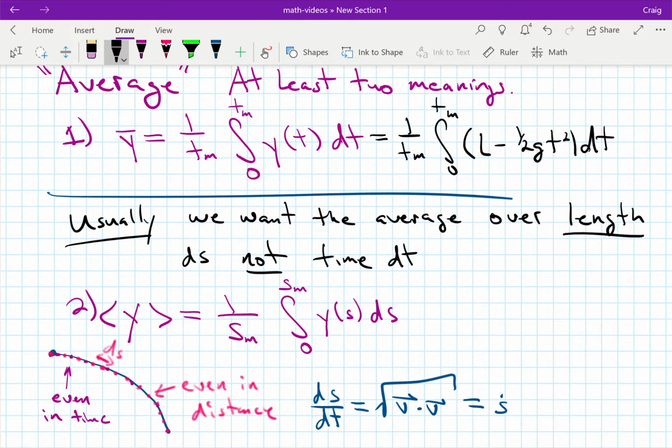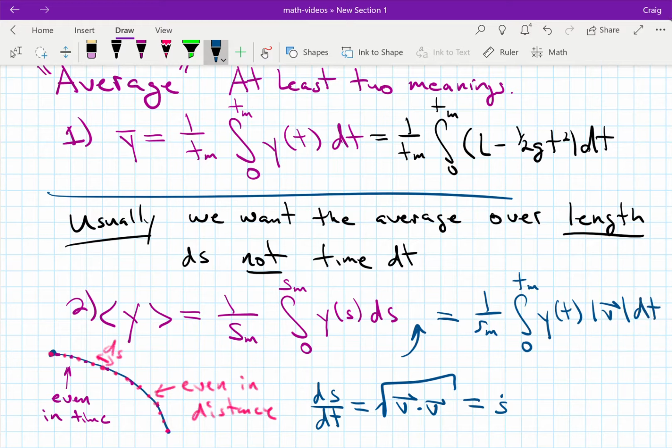And so I can go in and I can rewrite that expression using a change of variables. That's the integral of 1 over the path length, integral from 0 to, now I'm switching to a time integral, so this is to t max, and really I'm integrating y as a function of time times the speed, which is the magnitude of the velocity vector, times dt, right?